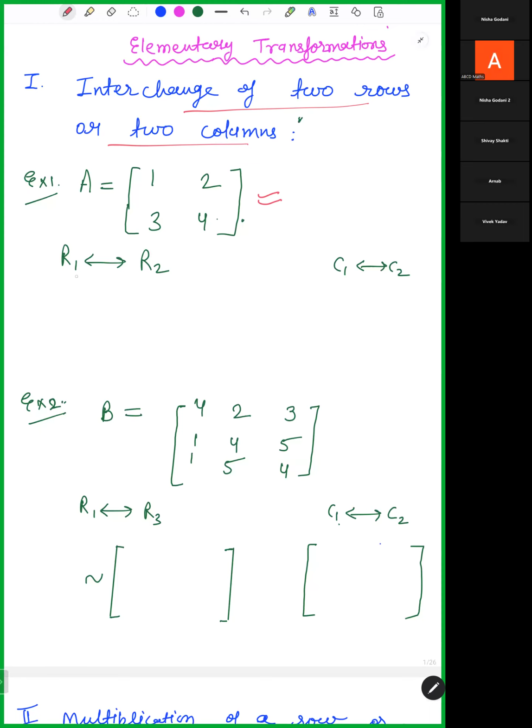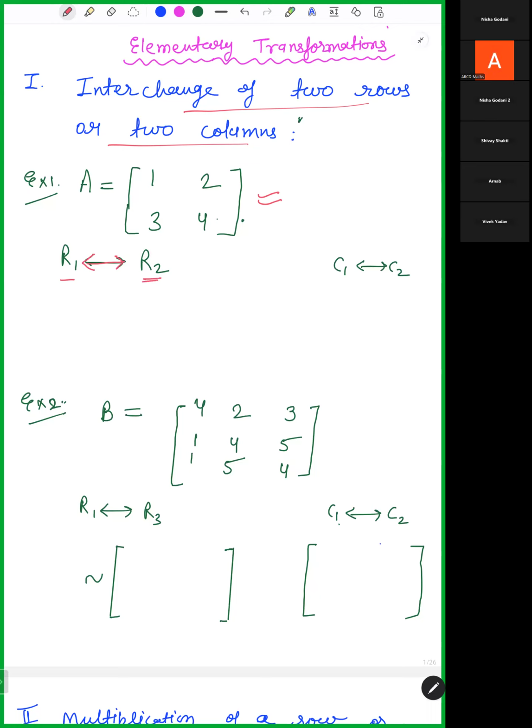So we denote the rows by R1, R2, R3 like this, or columns by C1, C2, C3 and so on. In this matrix, if you have to interchange R1 with R2, there are only two rows. So what will you write? You write R1, this sign for interchange, and R2.